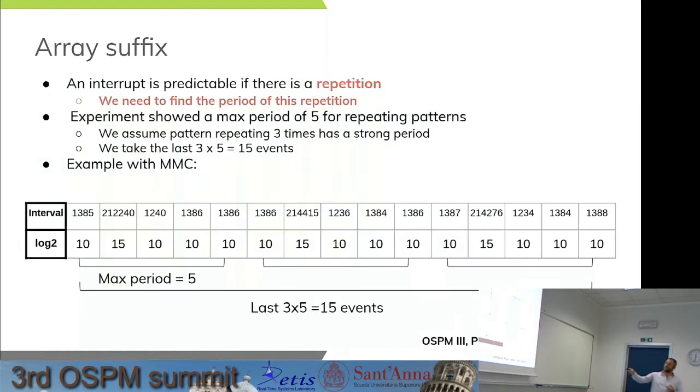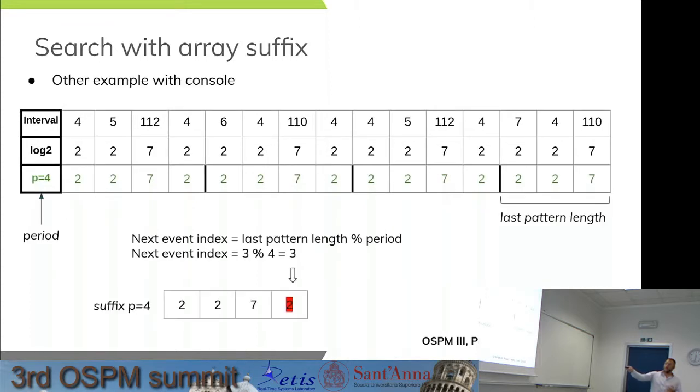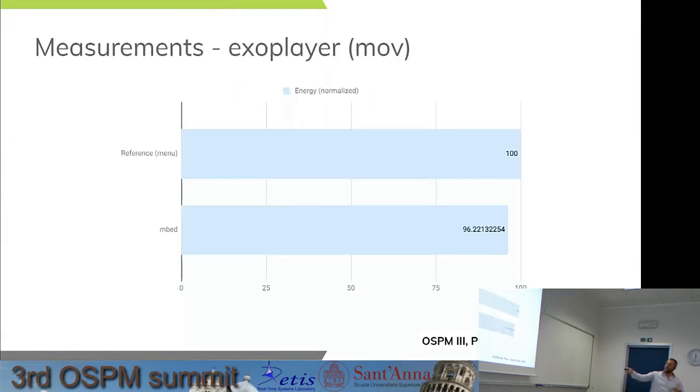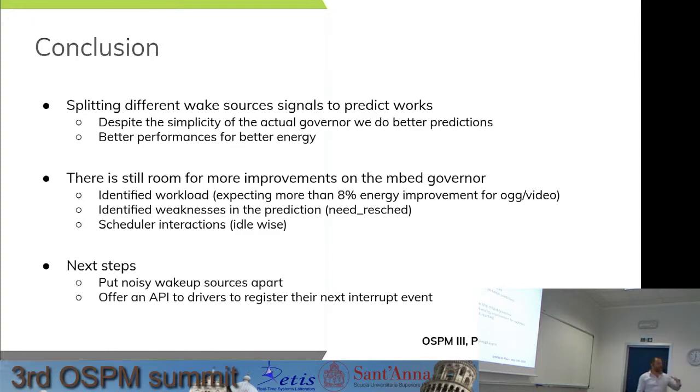The reason for writing this simple governor, identifying each source, is that we can find the weaknesses of the prediction, where the bad prediction is coming from, and identify the different workloads in order to optimize this governor specifically for mobile.